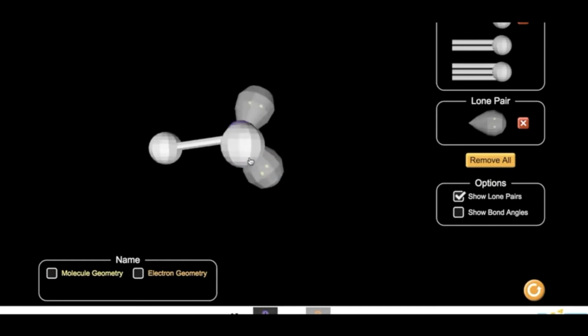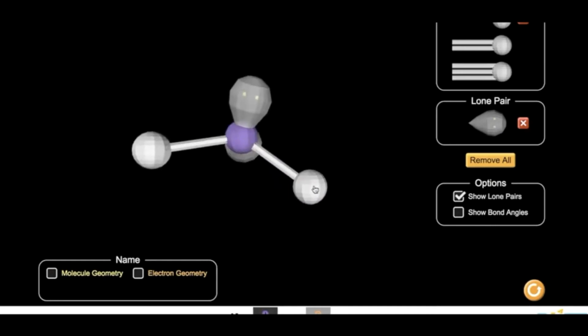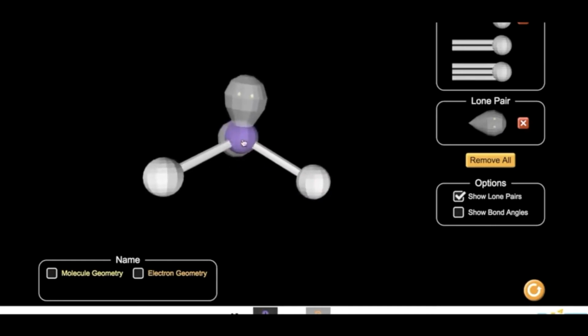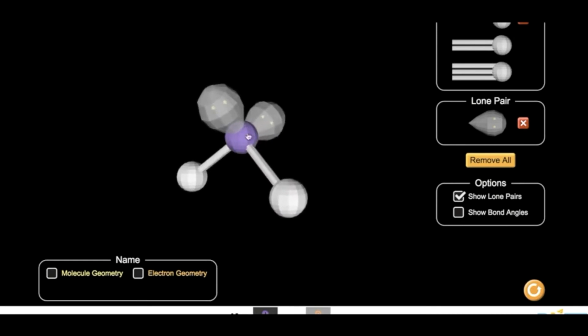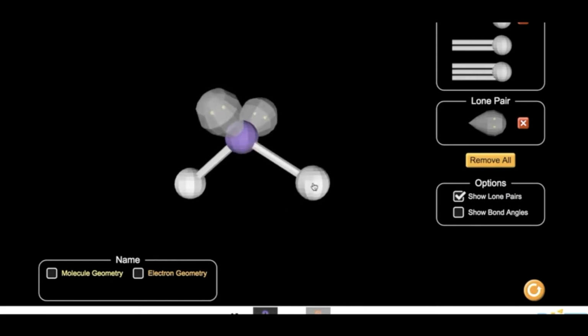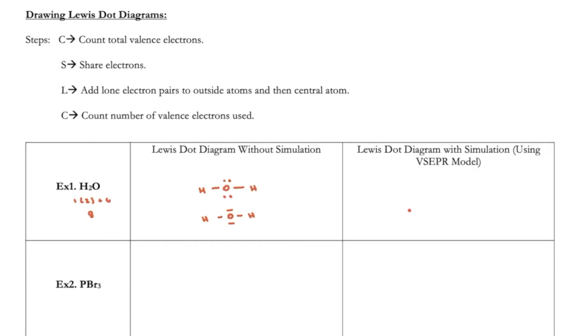Okay, so this is using the VSEPR model. Notice I've got 2 pairs of electrons on top, and then my 2 atoms are pushed downwards into this bent shape. Okay, so when you draw this, you can't draw it looking linear like we did before. So how could I draw this? Well, this is how I would draw this molecule using the VSEPR model.